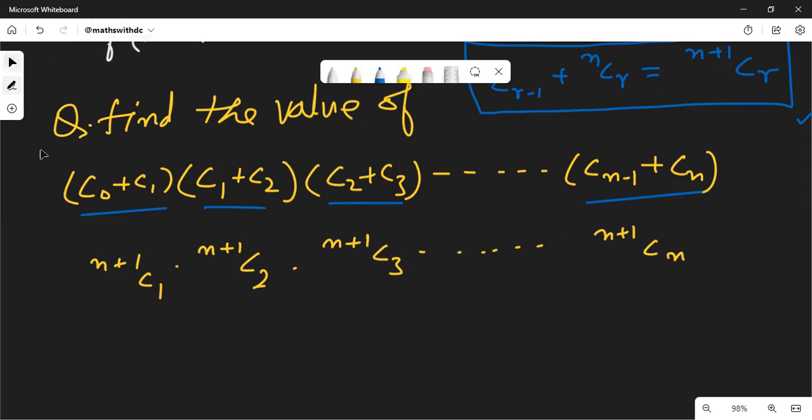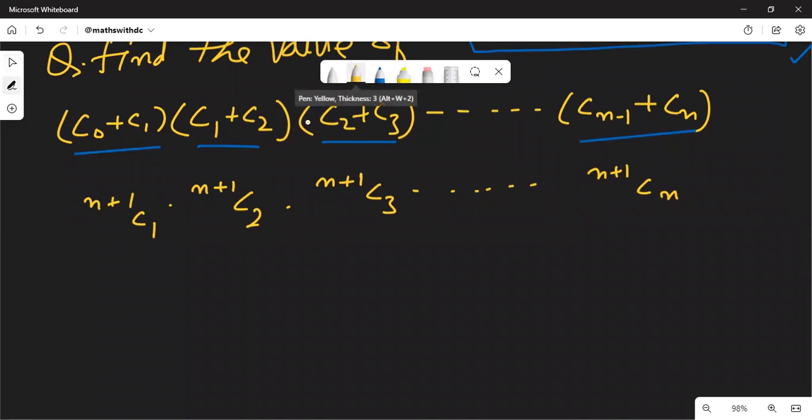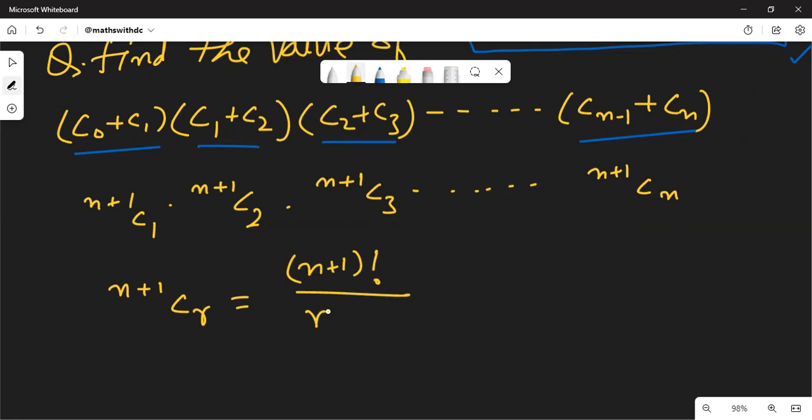All right. Now, n plus 1 C1, n plus 1 C2, and so on. How can we write n plus 1 Cr in general? See, n plus 1 Cr can be written as n plus 1 factorial divided by r factorial times n plus 1 minus r factorial. That we know already.